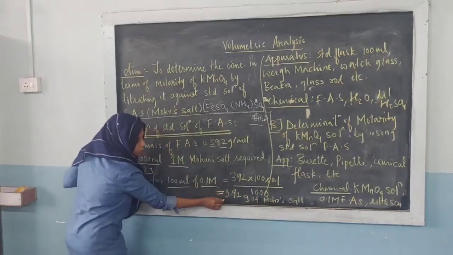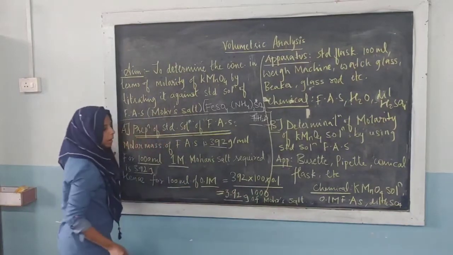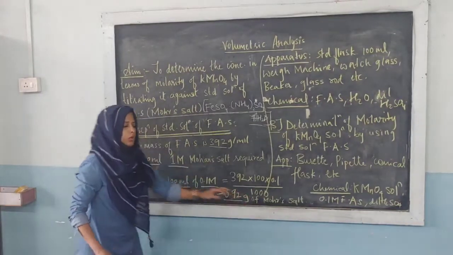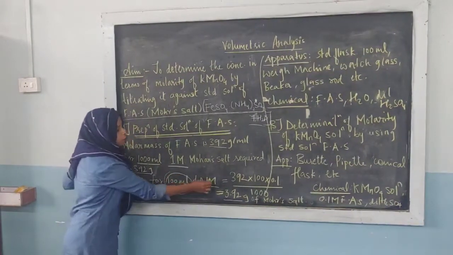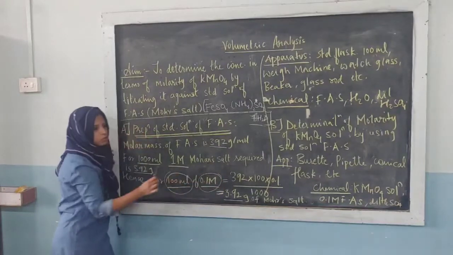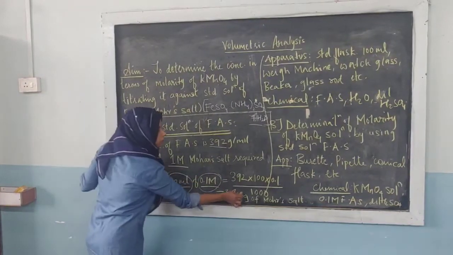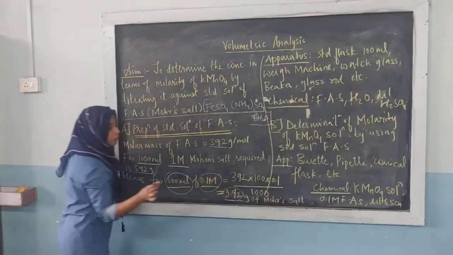The calculation of this will give you 3.92 gram of Mohr salt. So here today we are going to prepare 100 ml of 0.1 molar ferrous ammonium sulfate by using 3.92 gram of Mohr salt.